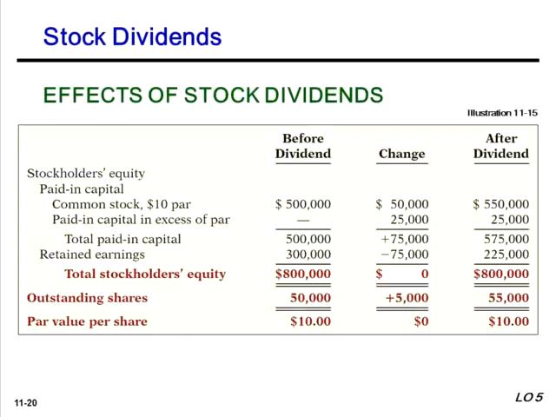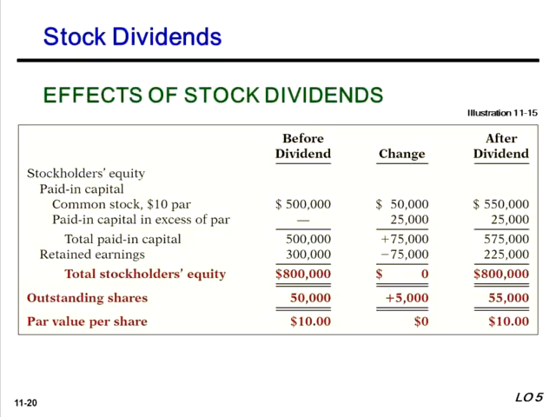So this illustration shows us what the effect would be on the stockholders' equity section of the balance sheet and also on the number of outstanding shares if this dividend occurs. Alright, so if you look at common stock par value before the dividend, it's $500,000.